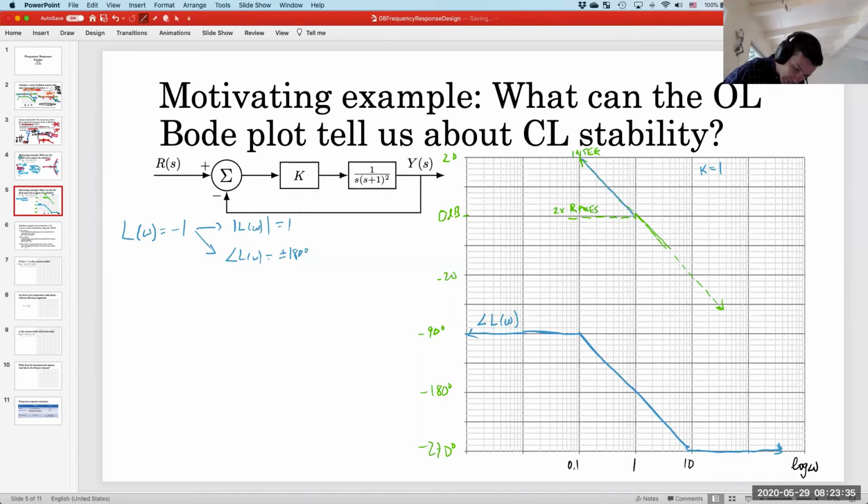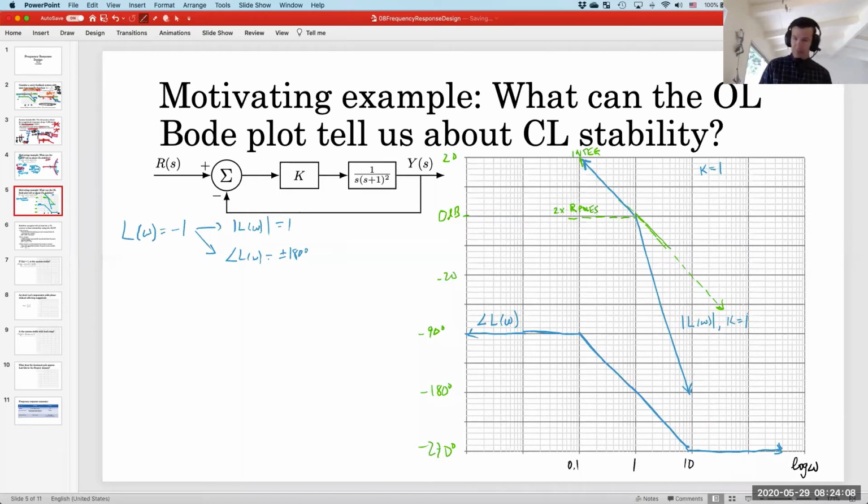This is 20 dBs per decade at low frequencies. And then as soon as it gets to 1 radian per second, I've got 3 negative 60 slopes. So I have to go down here to 20, 40, 60. Okay. So then this is the magnitude of L of omega when k is equal to 1.